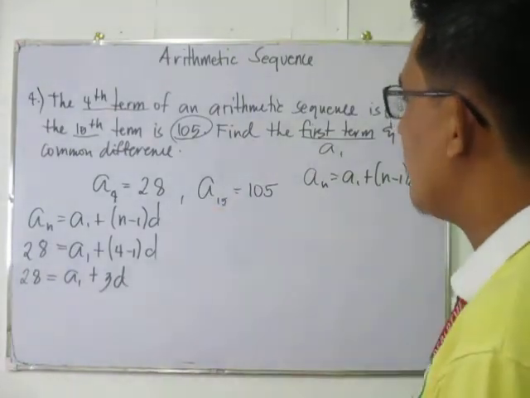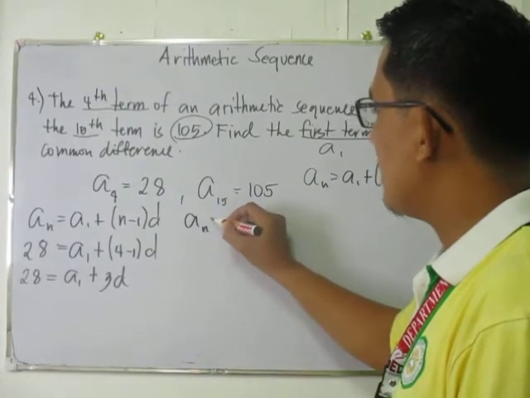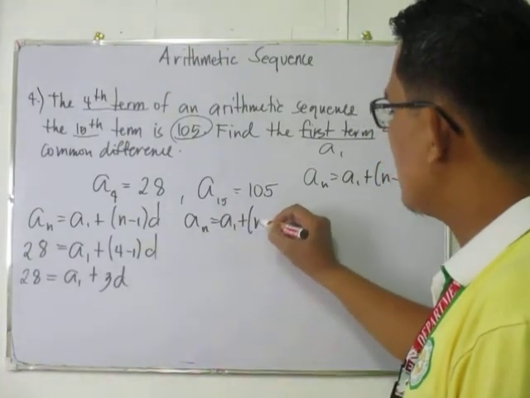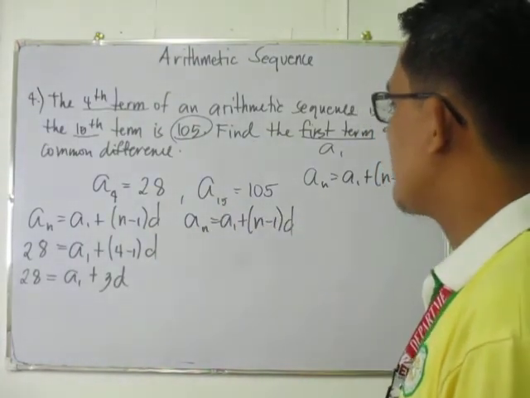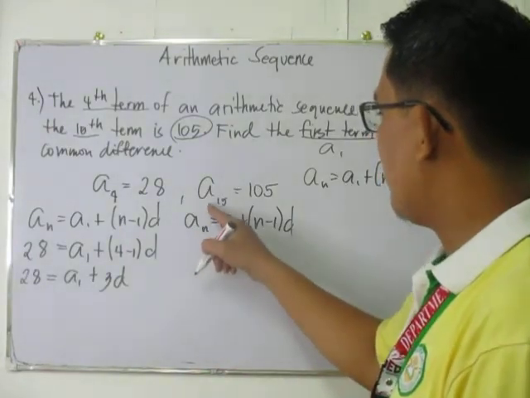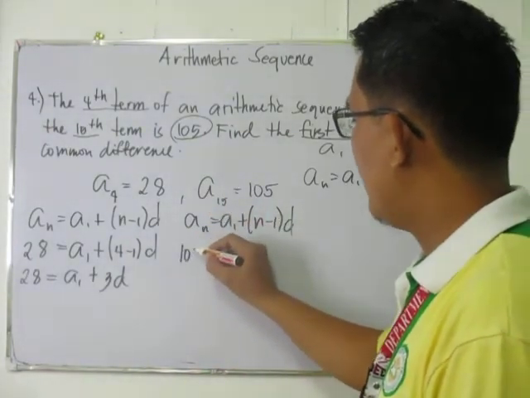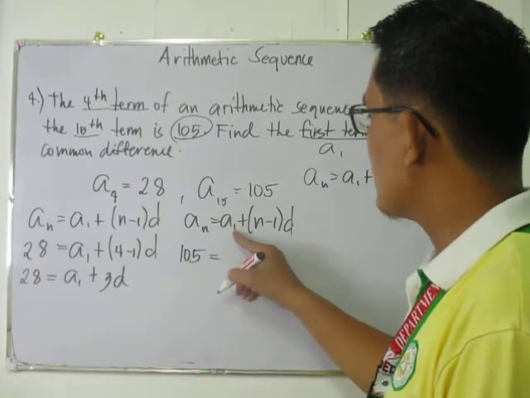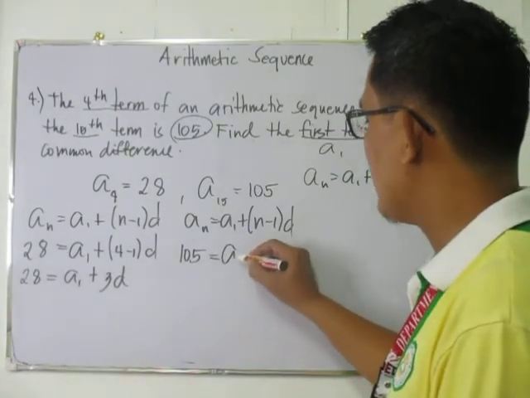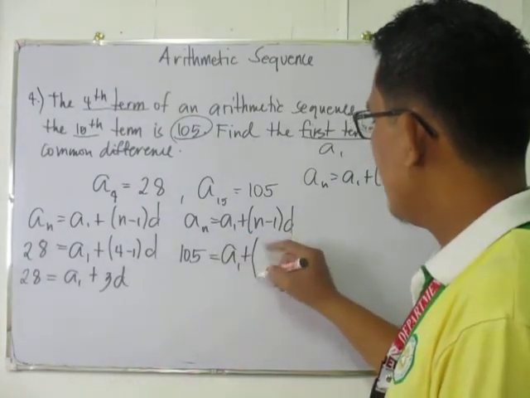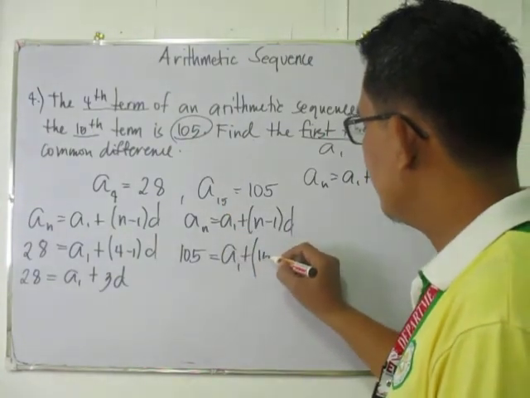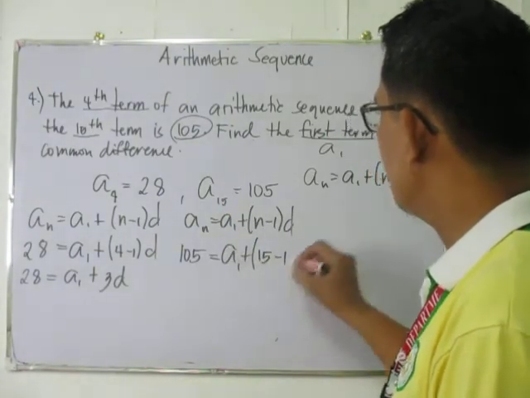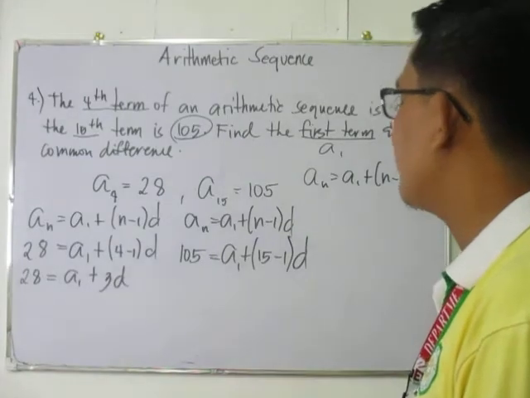Use the second information. a sub n is equal to a sub 1 plus n minus 1 times d. And our a sub n, or the last term, is 105, is equal to a sub 1 plus n, which is 15, minus 1 times our common difference.